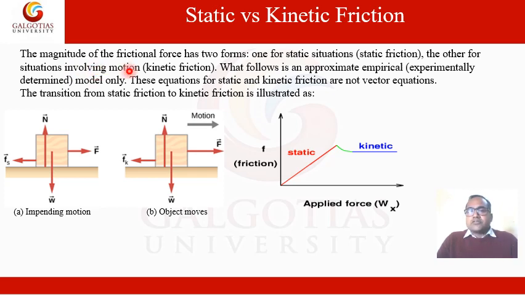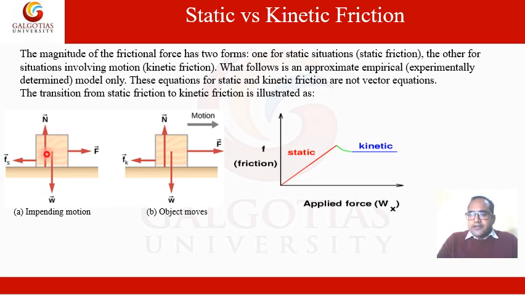Now what follows is the approximate empirical, or we can say experimental, determination of these types of friction. These equations for static and kinetic friction are not vector equations. Experimentally we see these types of graphs. This graph is versus the applied force and the frictional force. Let us consider this is a surface and this is the block which is trying to slide on this surface.